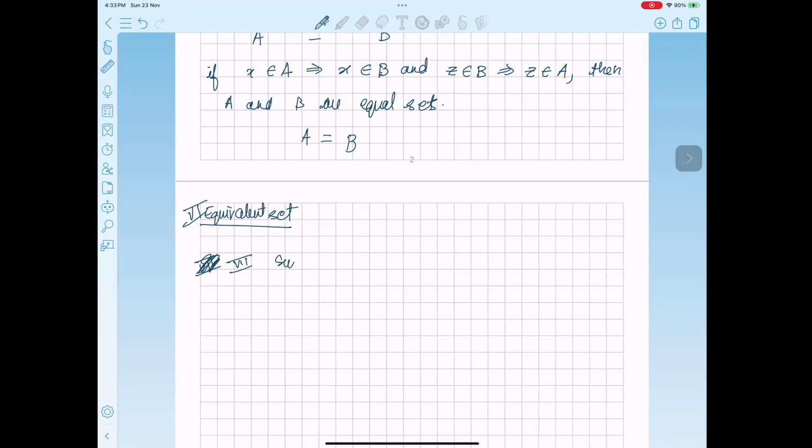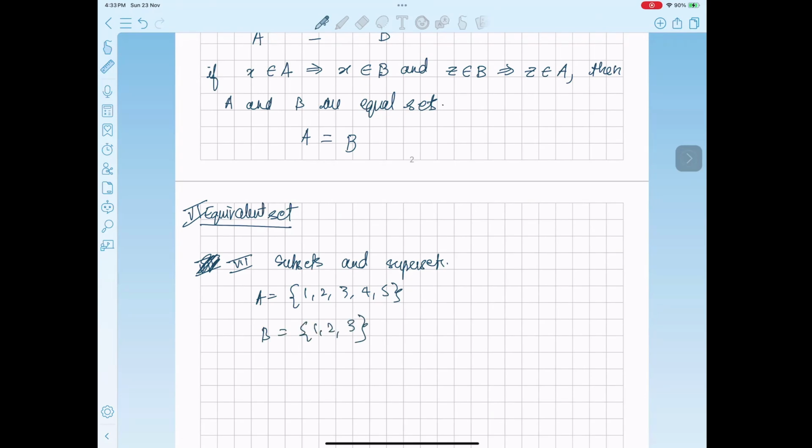And then we have the seventh definition, which is important: subsets and supersets. Let's say we have a set A equal to 1, 2, 3, 4, and 5, and another set B equal to 1, 2, and 3.